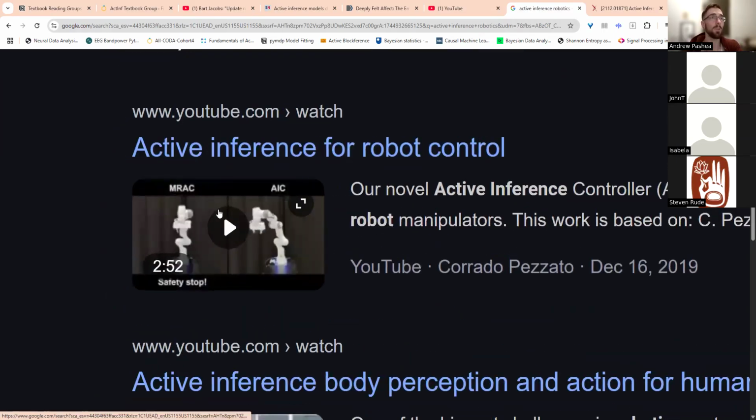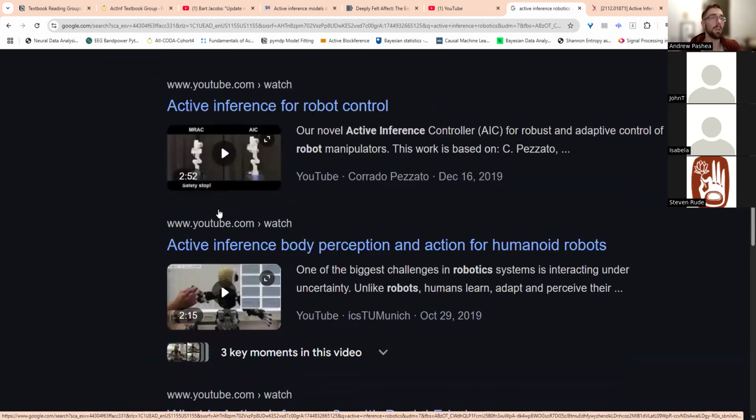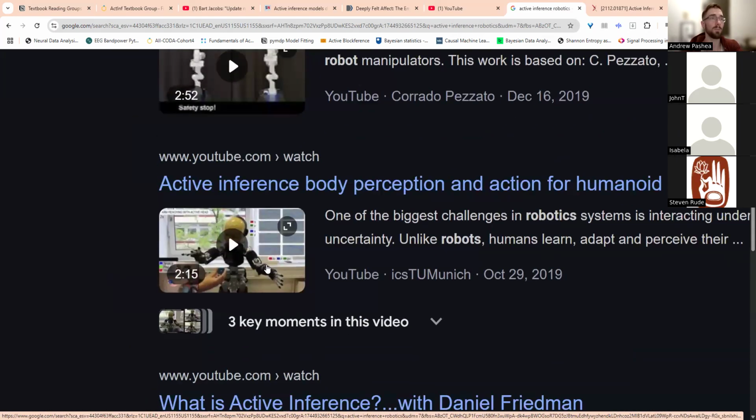Active inference for robot control, and there's this again from 2019. It's in the theme of chapter 10, the breadth of what active inference can touch upon or cover or relate to or inform. This is just looking at how these kinds of principles can be used in real world settings, for those who are interested in business or enterprise or production or something like that.